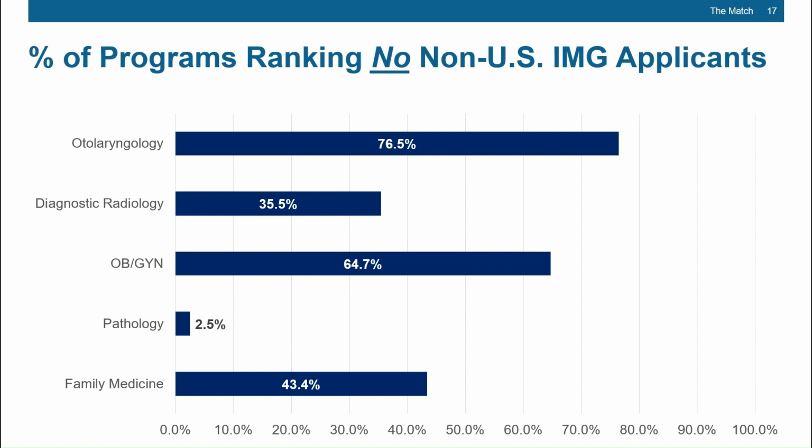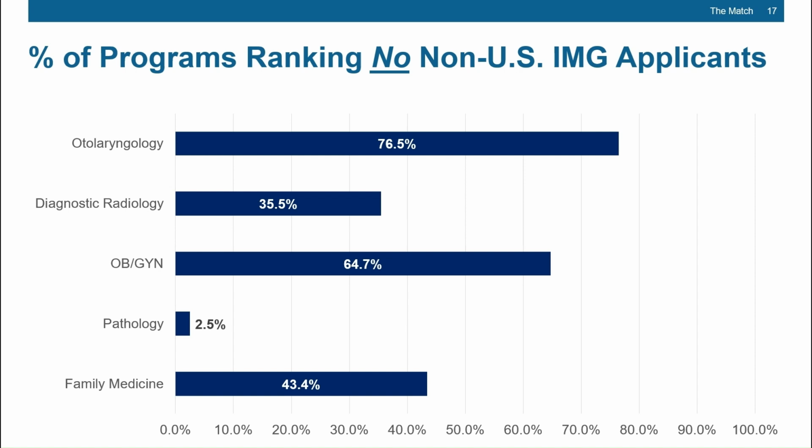Our final pair of applicant type results are going to look at the percentage of programs ranking no non-US IMGs, with a focus on how these behaviors differ from ranking US IMGs. We observe slightly lower percentages of ODO, diagnostic radiology, and pathology programs ranking no non-US IMGs compared to US IMGs.